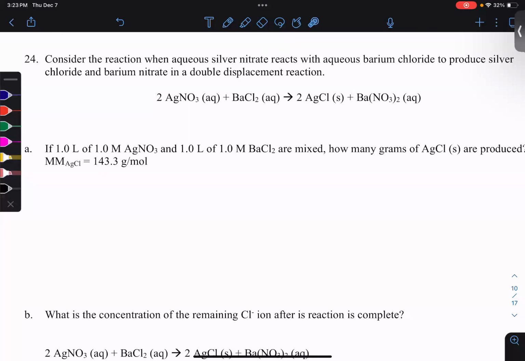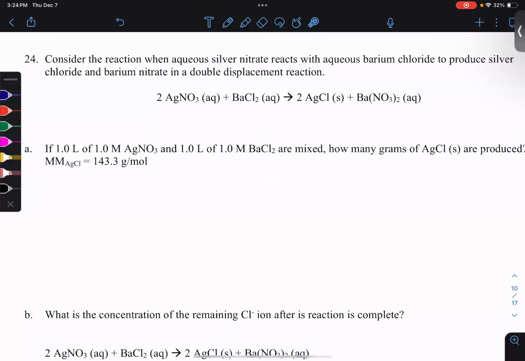If you completely fill out a BCA table, you'll get all positive numbers at the end. If you fill out a BCA table and pick the wrong limiting reactant, you're going to get negative numbers at the end, and that doesn't make sense. So that's the big idea here. You don't have to do a BCA table, as long as you can think about it logically.